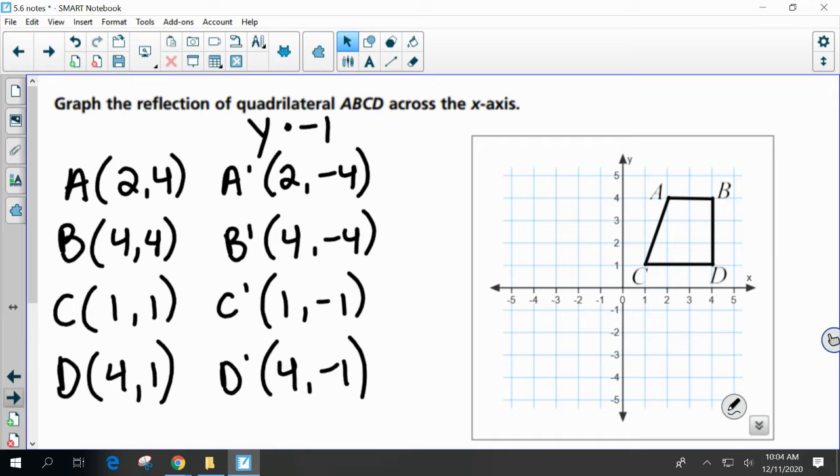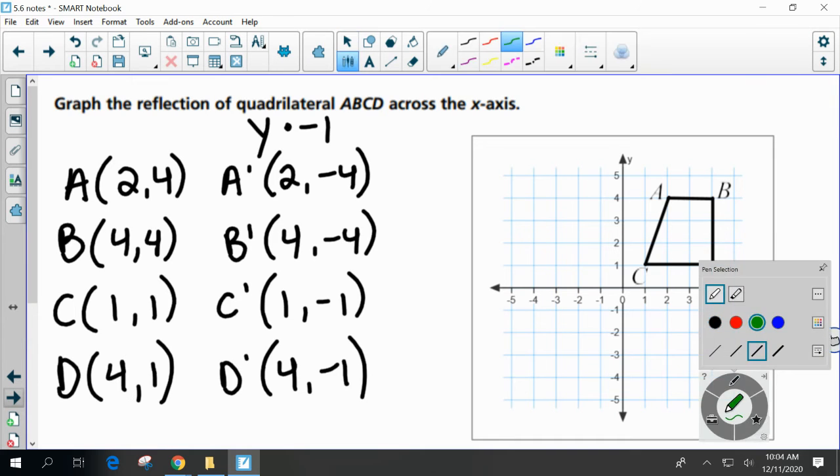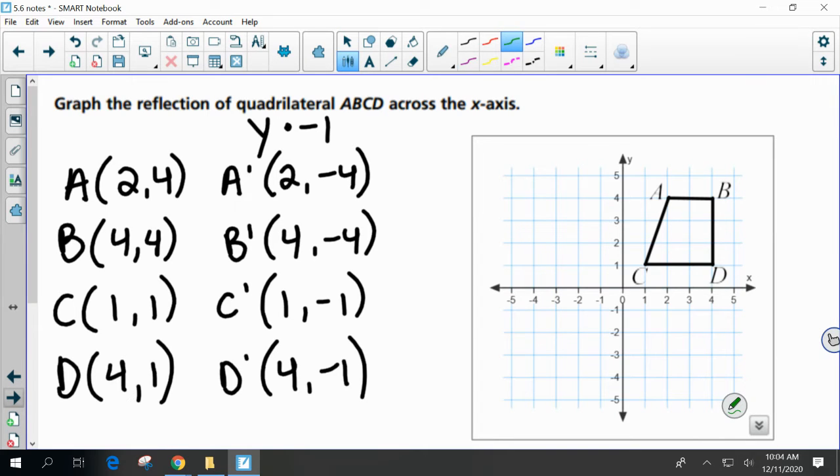Okay, so then I'm going to graph this. Then when I draw this in, you should be able to see how that reflected across the x-axis.